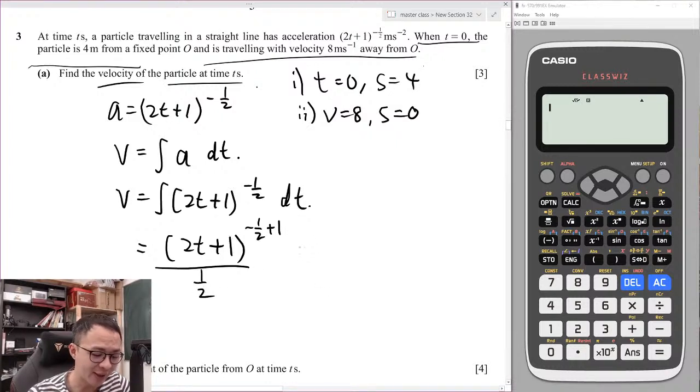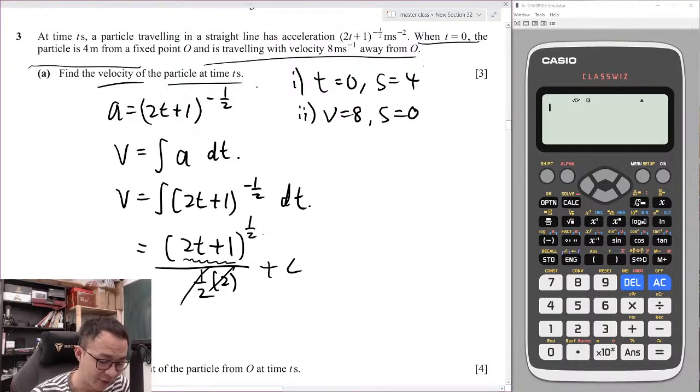And then I need to differentiate the inside at the bottom. If I differentiate 2t plus 1, what do I get? I keep getting 2, isn't it? Plus c here. So 2 and half I simplify. The top will be negative half plus 1, which is power half. So v is basically equals to square root of 2t plus 1, plus c.